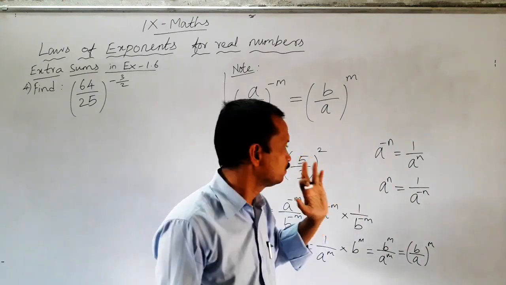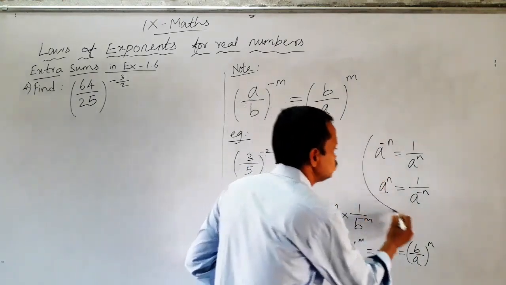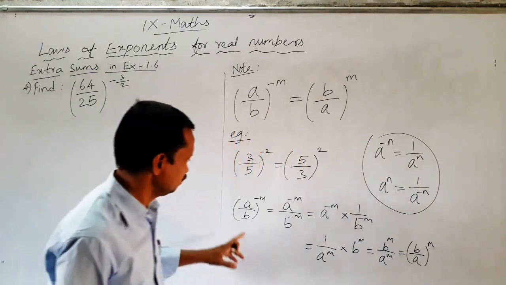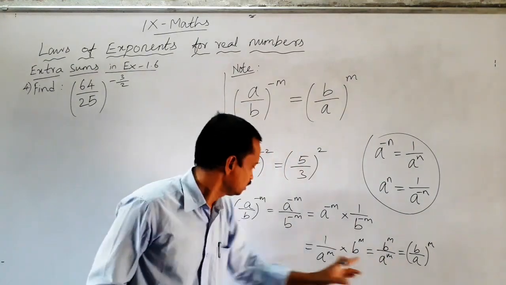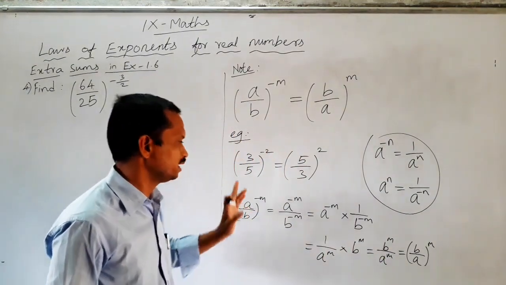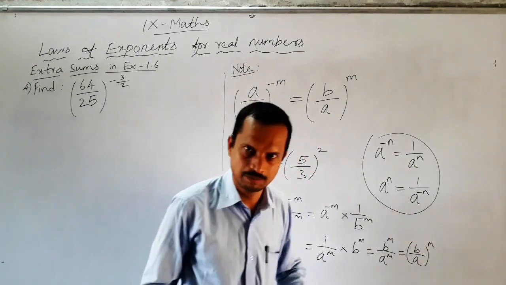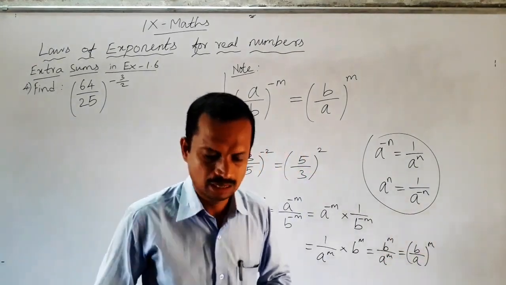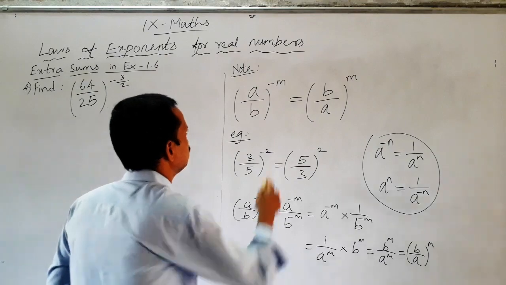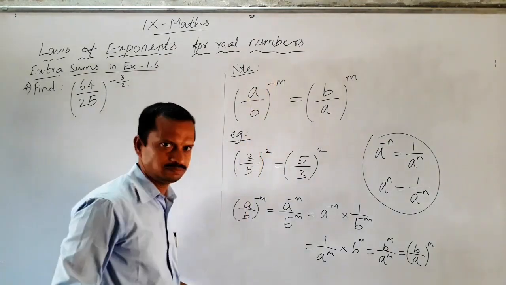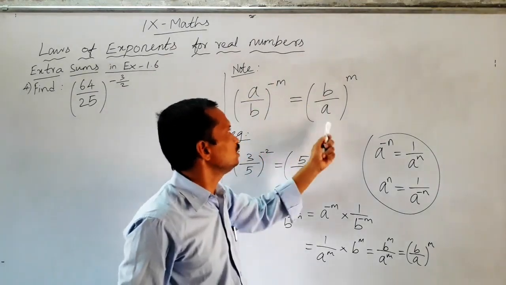This is the concept. By using this idea, we can get a by b whole power minus m as b by a whole power m. But directly we can understand that a by b whole power minus m becomes b by a whole power m.